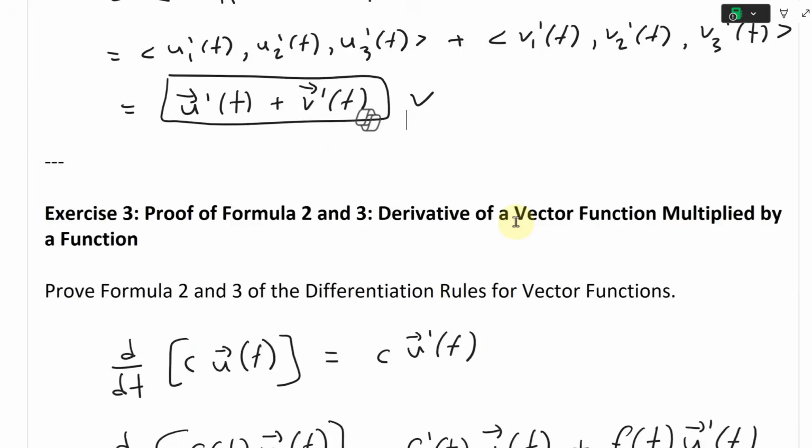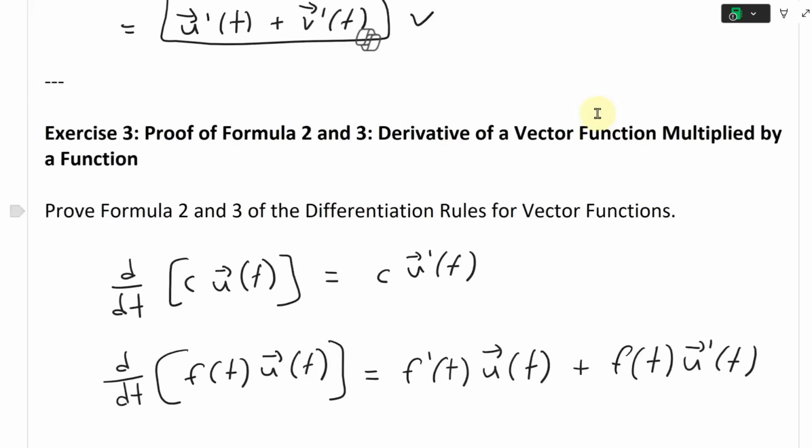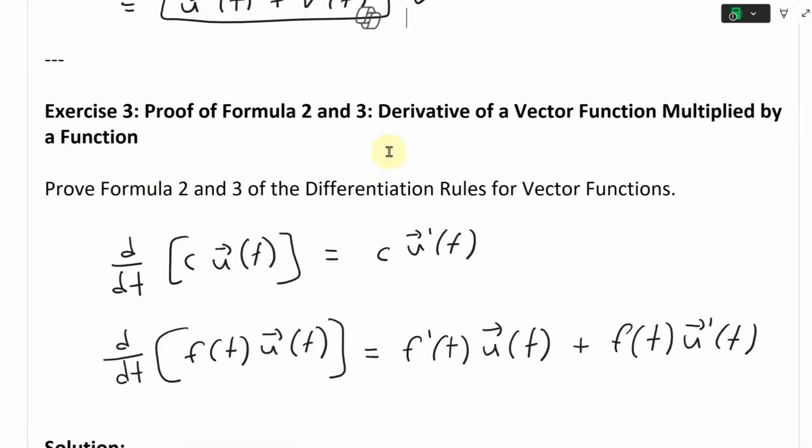All right, so let's continue further, and now let's look at exercise 3. This one involves the proof of formulas 2 and 3, and basically involves the derivative of a vector function multiplied by a function. It states: prove formulas 2 and 3 of the differentiation rules for vector functions.